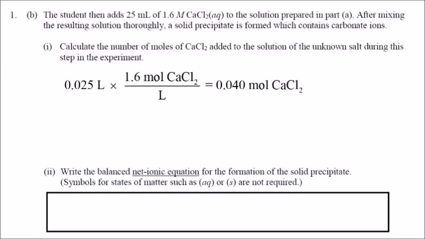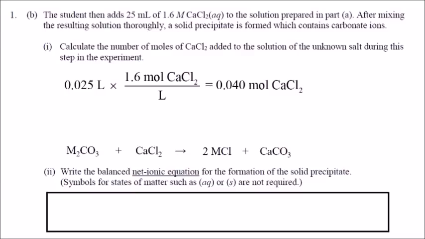Then it says write the balanced net ionic equation for the formation of the solid precipitate. A solid precipitate is formed which contains carbonate ions. So remember, we have the unknown metal carbonate, so M2CO3, where M is either lithium, sodium, or potassium, reacting with calcium chloride to produce 2 products, the soluble metal chloride and calcium carbonate.